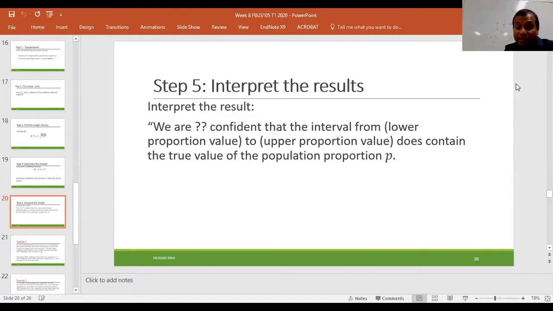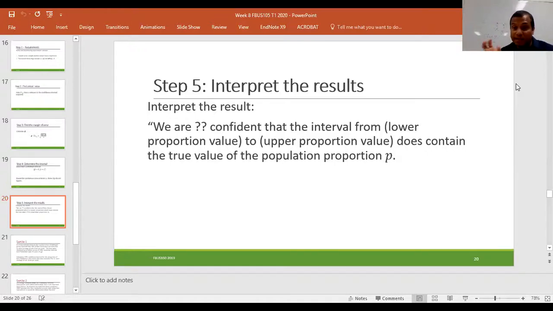Although P is not mentioned here, remember P is the population proportion. That is not in the question. The P value will not be given because the population proportion is unknown to us. That's why the sample is important here. We are using the sample proportion to interpret values for the population proportion. So we are 95% or 90% or 99% confident that the interval from P minus E to P plus E does contain the true value of the population proportion P. And that is the generalization.